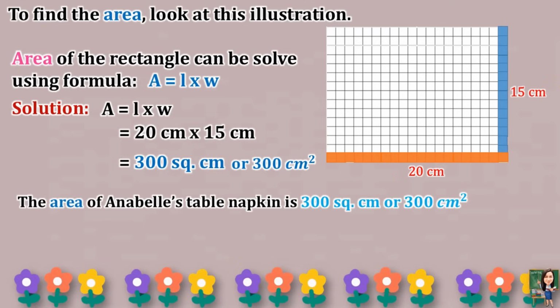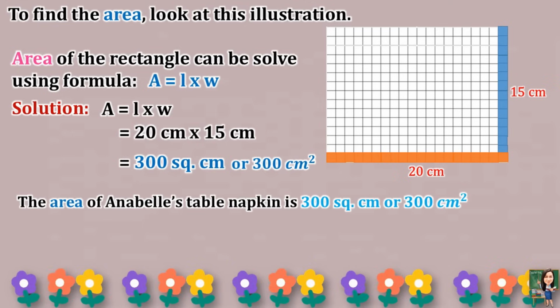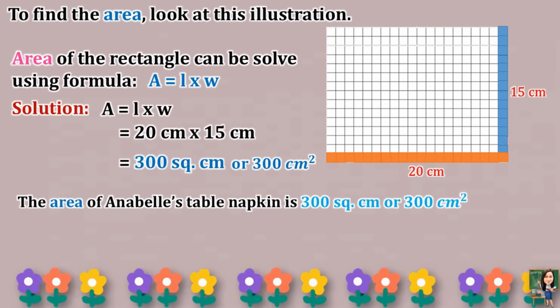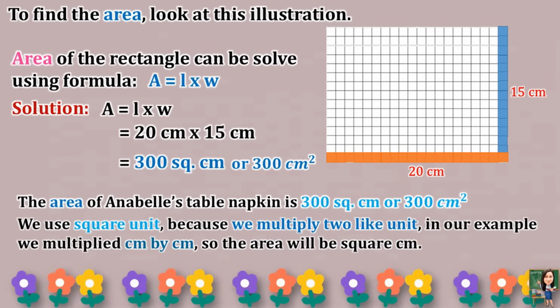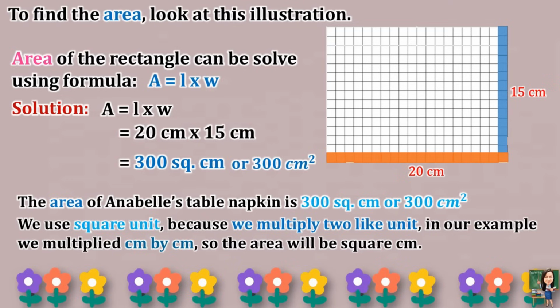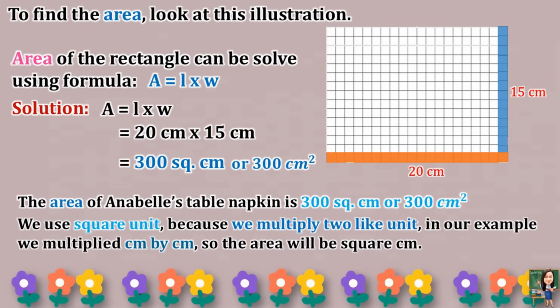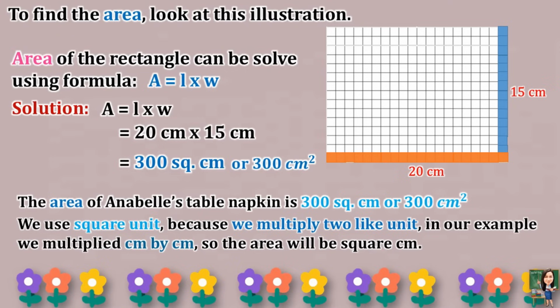The area of Annabelle's table napkin is 300 square centimeters. We use square units because we multiply two like units. In our example, we multiplied centimeter by centimeter, which is the length and the width. So the whole area will be in square centimeters.